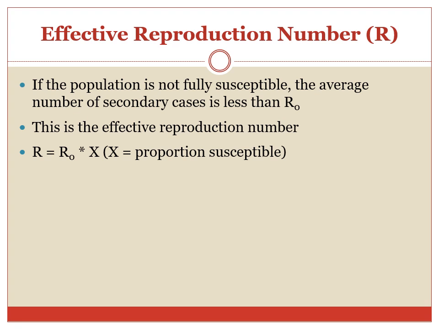So R0 is the basic reproduction number, and it assumes that all the population is fully susceptible. When you have R, it takes into account how much of the population is susceptible. The higher the proportion that is susceptible, the higher the R. The lower the proportion that is susceptible because of previous exposure or because of vaccination, the lower the R.